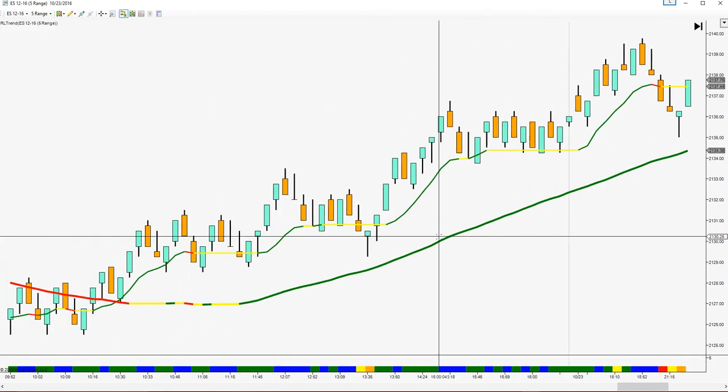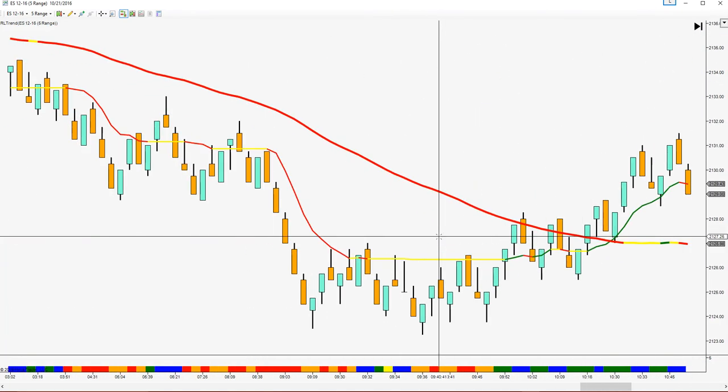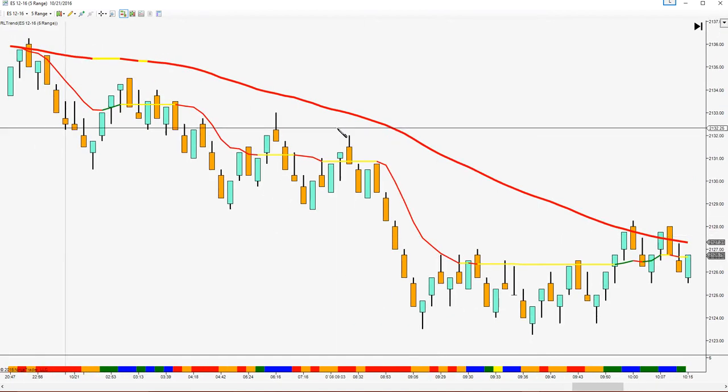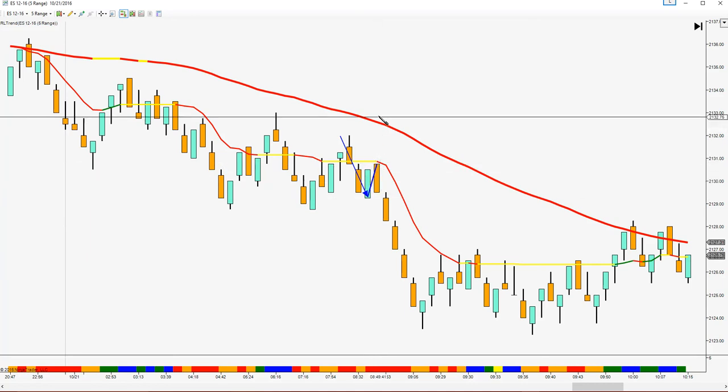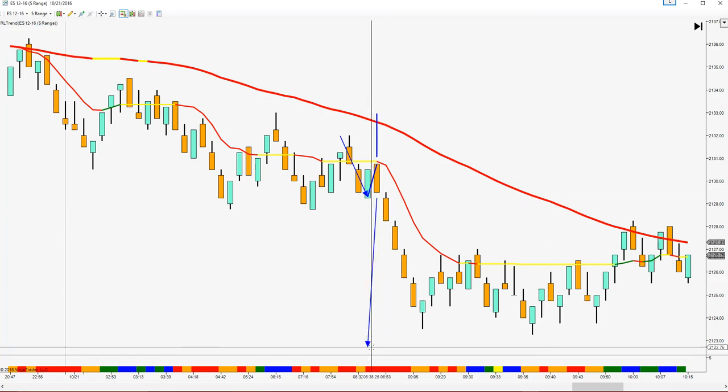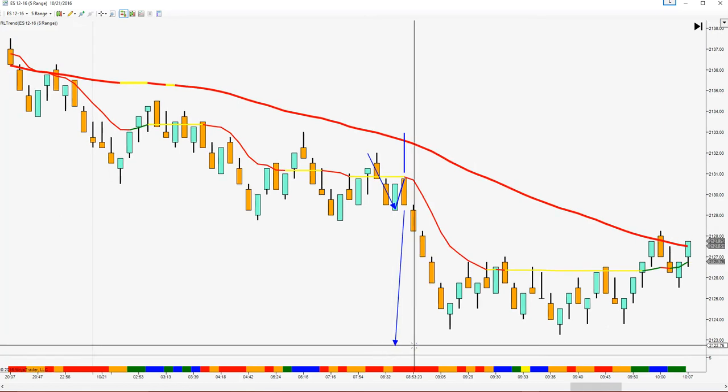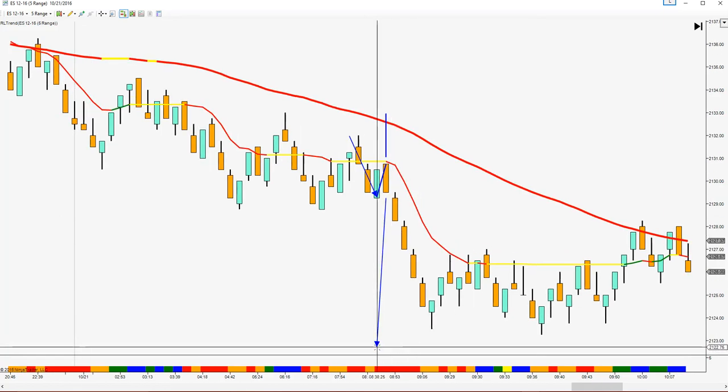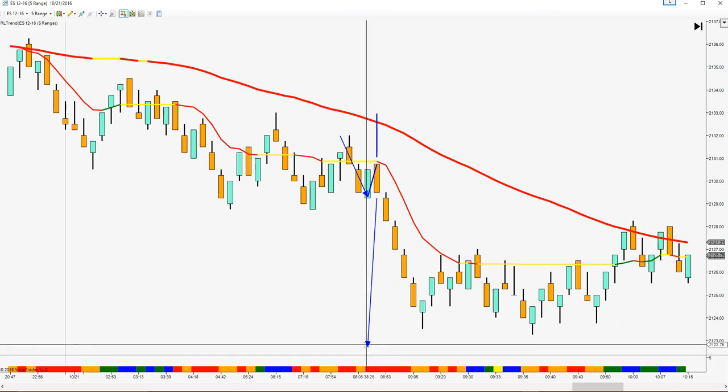Now, it really does make things very easy for you. Because if you look at the trade here, you have a move down, you have a retracement, and here's a bread and butter trade right here. And you can see that on multiple time frames, order flow, there's an imbalance of sellers.